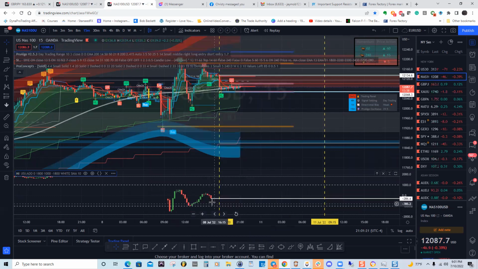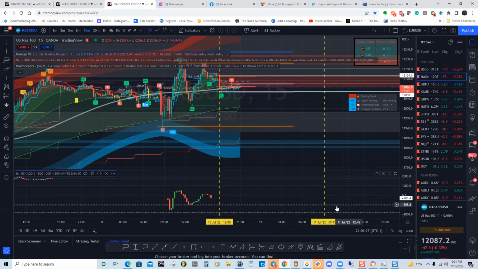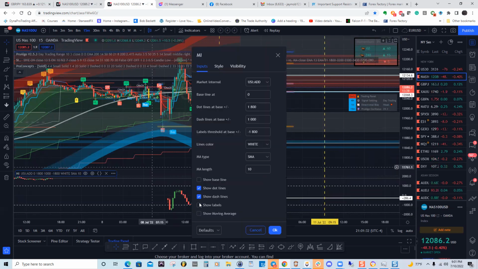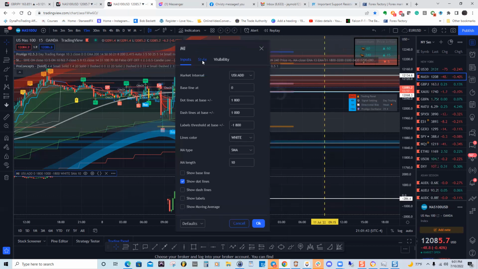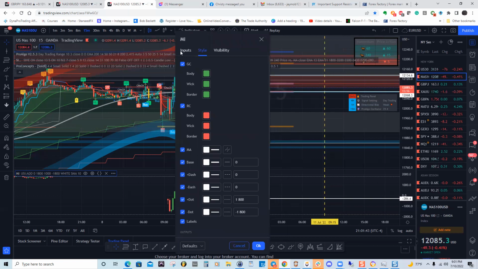So I closed here, right? There's 1800 down here, right? I'm still playing around with some of these things here. Dash lines. Okay, I think that might be it. Let's see if I can make the dash lines. Hold up, what lines are those?